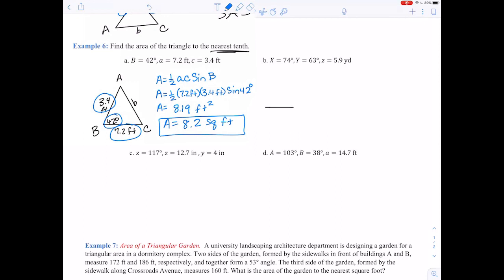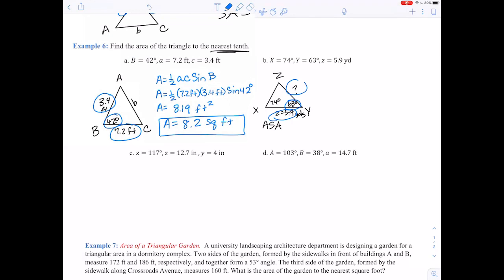Here we have angle X, which is 74 degrees, and angle Y, which is 63 degrees, and side Z. So side Z would be here at 5.9 yards. We have an example of angle, side, angle, and what we want is side, angle, side.